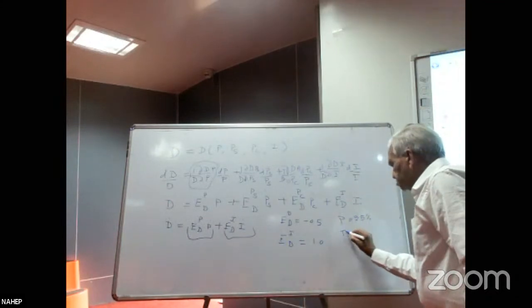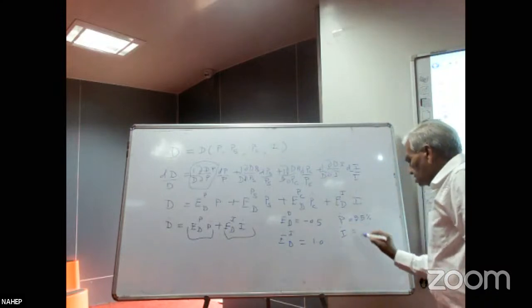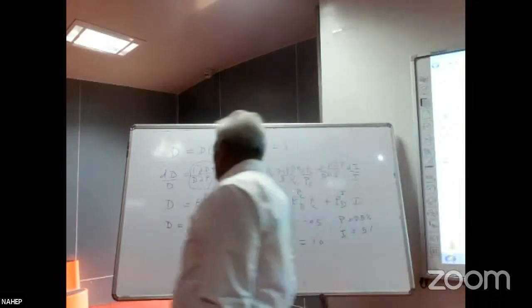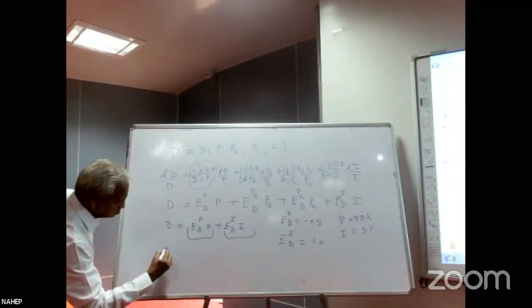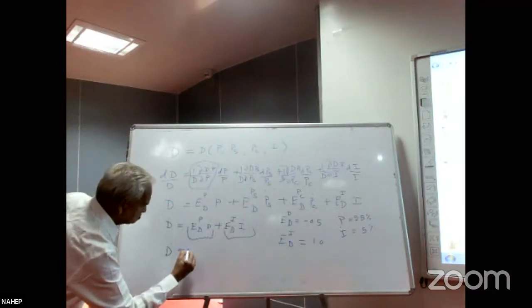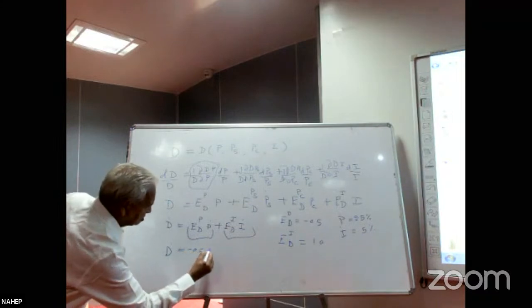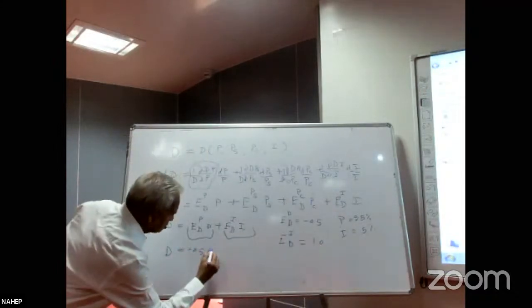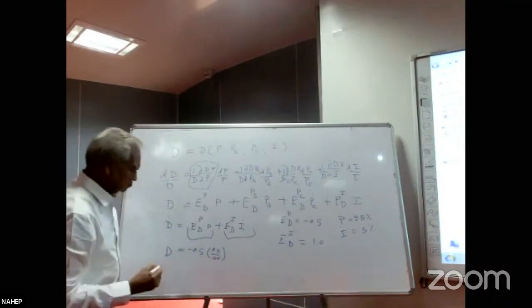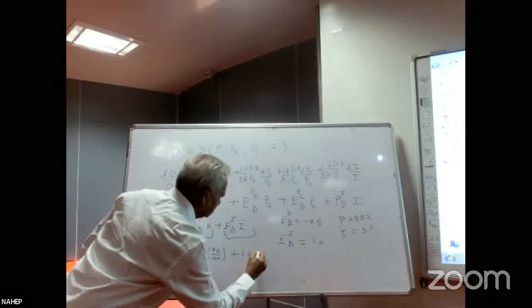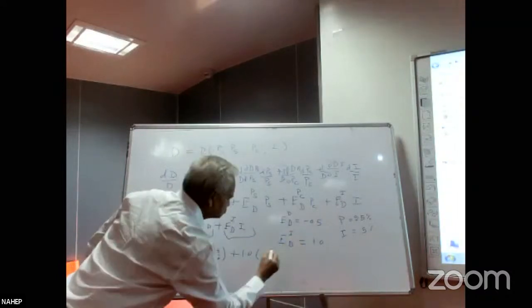And income growth, GDP growth per capita, is 5%. So I'd like to know what will be the demand. The demand growth is equal to the elasticity minus 0.5 multiplied by P growth, 2.5 divided by 100, plus income elasticity 1 and income growth 5 by 100.